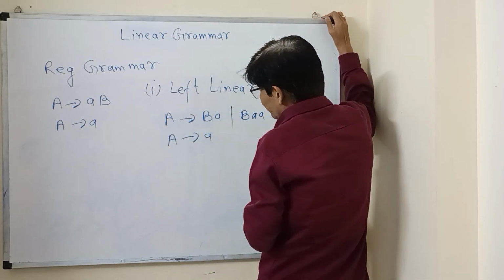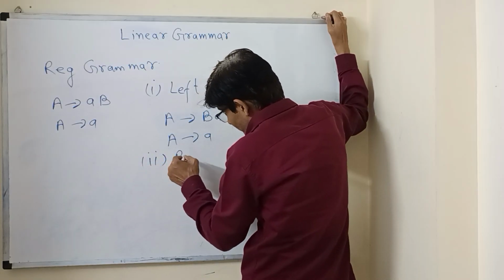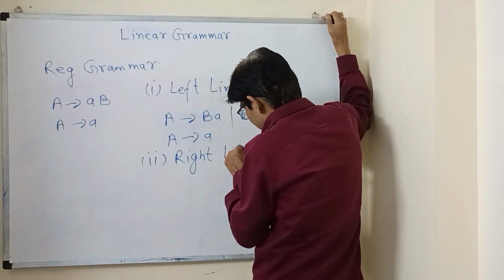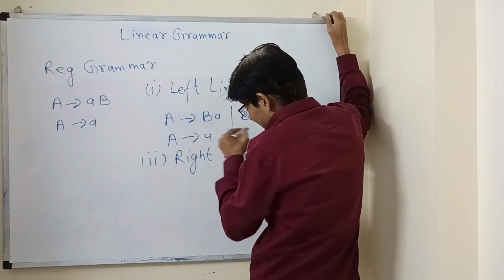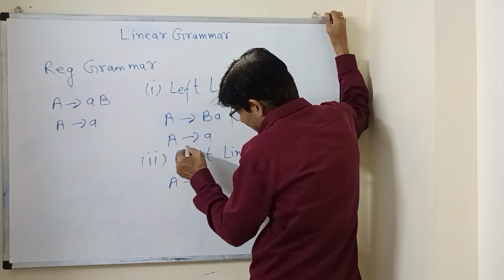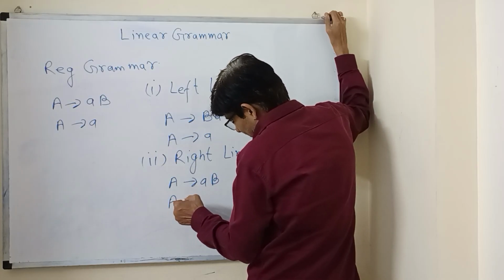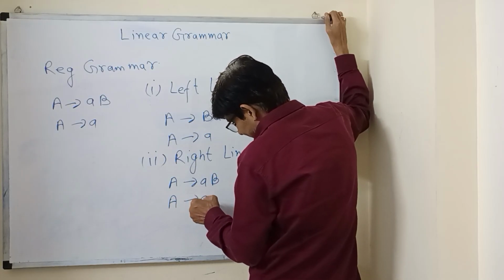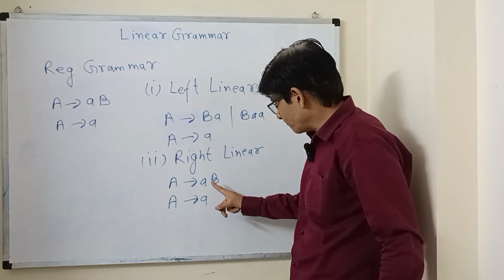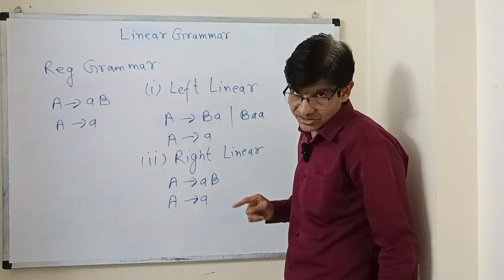The second type of linear grammar is right linear grammar. In this particular type, you will have productions like A gives aB or A gives a. Here in right linear grammar, the variable in the right hand side will be at the rightmost position.